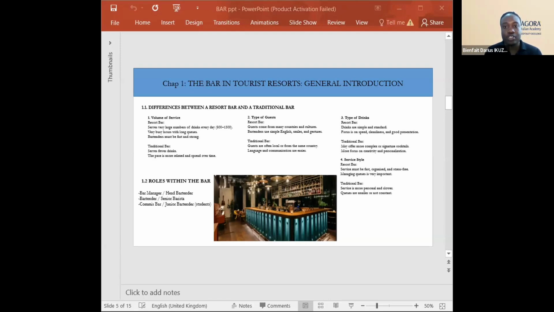The second category, the bartender or senior barista, usually coordinates the bar support staff, prepares more complex drinks, and handles peak times. You will see that mostly they are of upper age, let's say from 28 to 30 something, because they have experience. Their task is to guide the junior bartenders and to make the complex drinks.